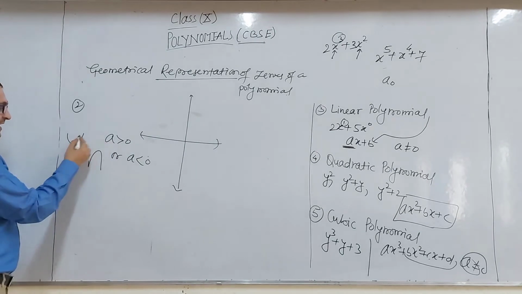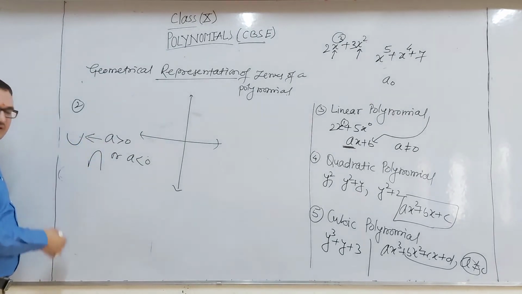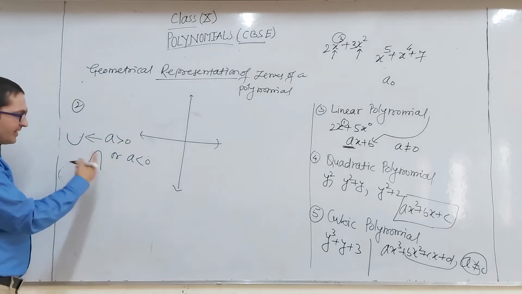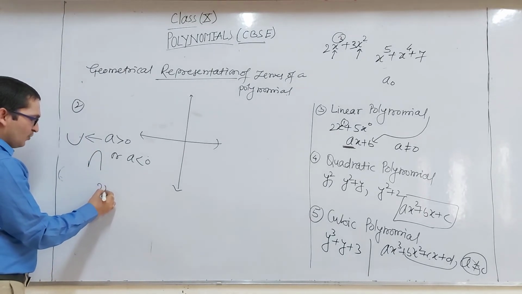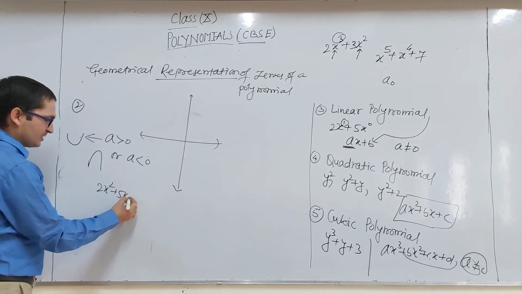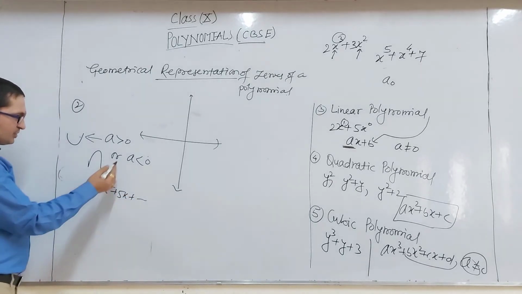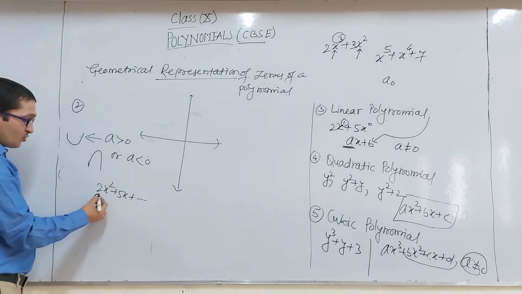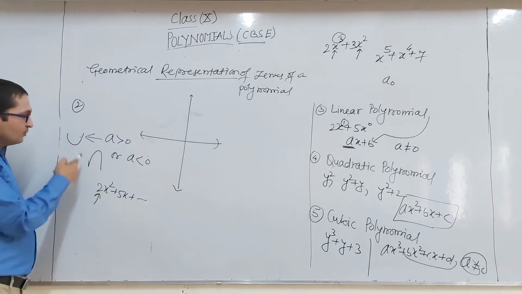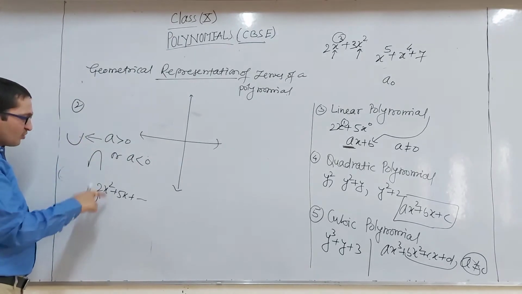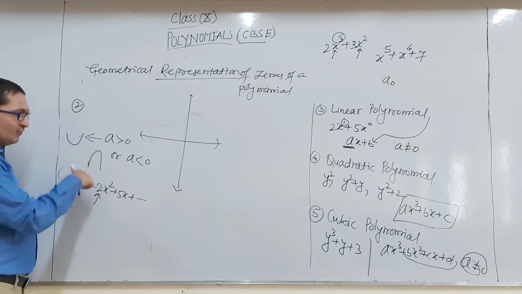If a is greater than 0, you will get upward. If a is less than 0, you will get downward. What does it mean? Suppose an equation is given, 2x square plus 5x plus something. You need to check the value of a. A means the coefficient of x square. If the coefficient of x square is positive, you will get upward. If the coefficient is negative, you will get downward.